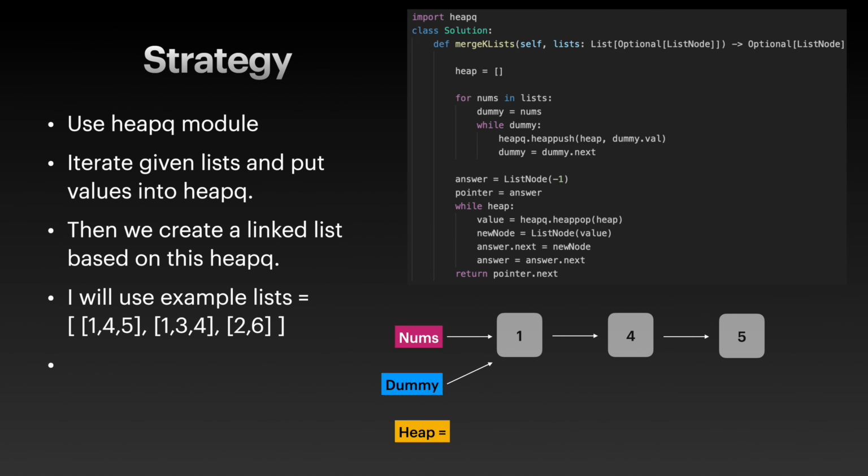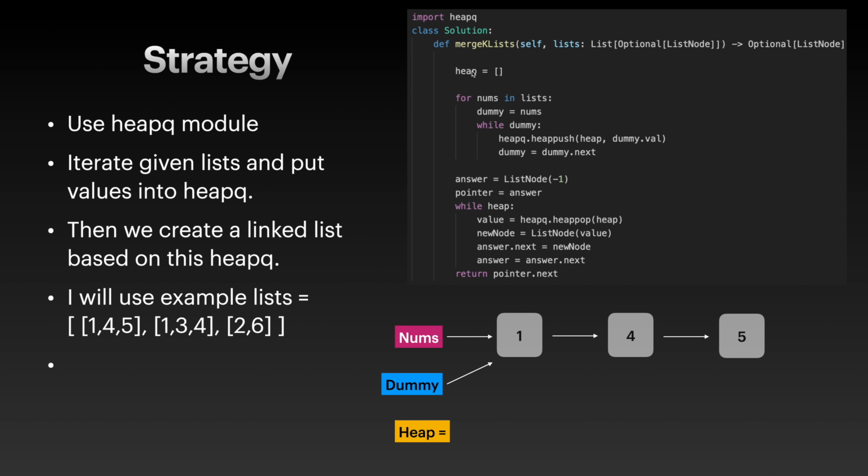Okay, so the strategy for solving this problem is not quite complicated. I'll be using Python, and I'll be using the heapq module from Python, and then we will iterate the given list. So here we have this given list. We will iterate this, and we will put all the values into our heap.